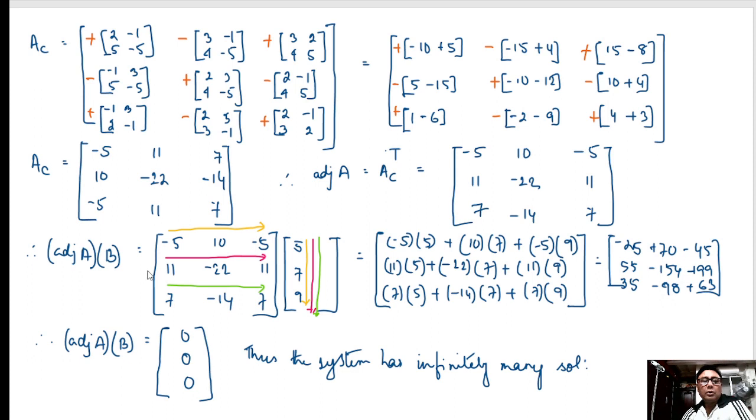And now find adjoint of A into B. So this is adjoint of A matrix into B. So this is how you are multiplying. So how will you multiply? As I already discussed, you will take minus 5 into 5 plus 10 into 7 plus minus 5 into 9. So this is that first line.